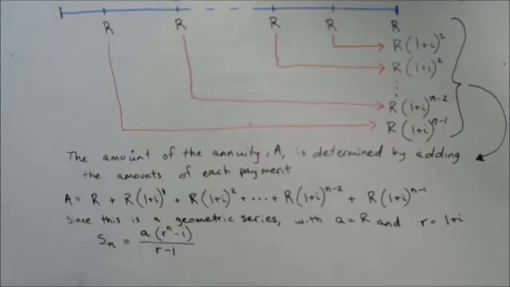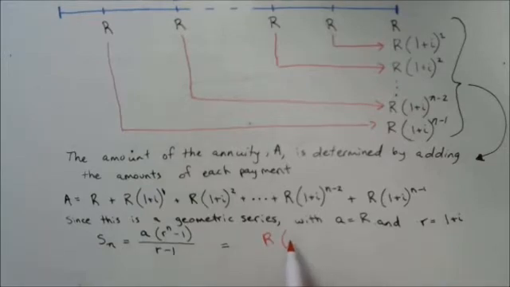Now you're really wishing that you had memorized this earlier. And we're just going to sub in the variables that we know now. So we've got the sum of the first n terms. We know a is R. And we know r is 1 plus I.